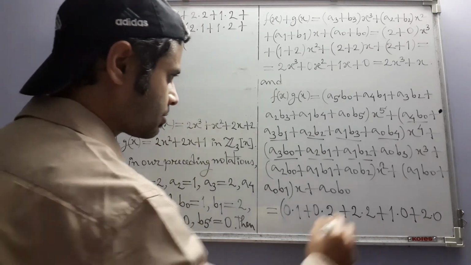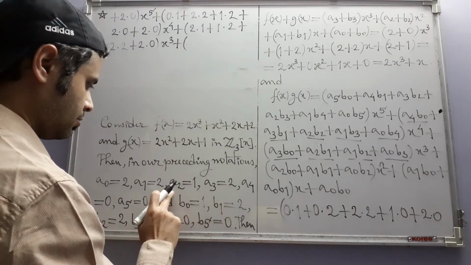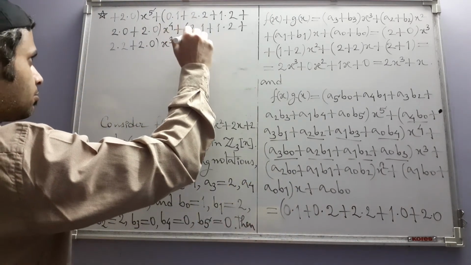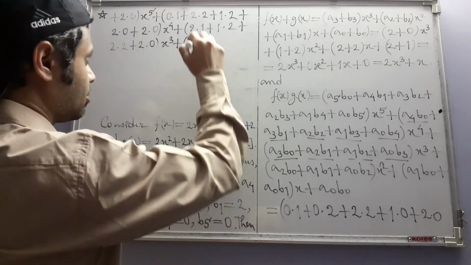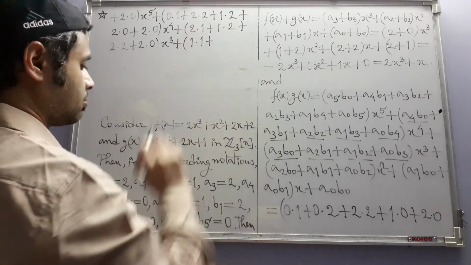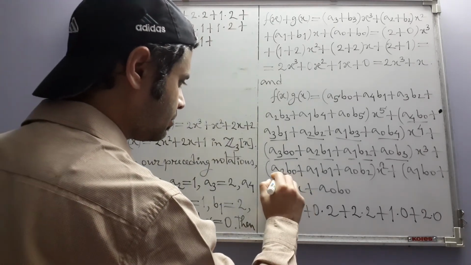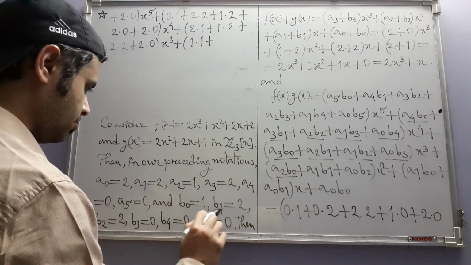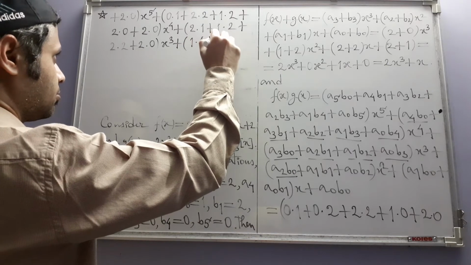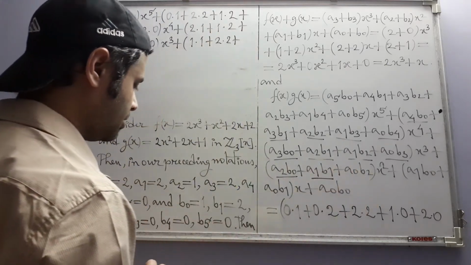Plus then x square, a2 b naught, a2 is 1, b naught is also 1. Okay, a1 b1, a1 is 2, b1 is also 2 plus a naught b2.